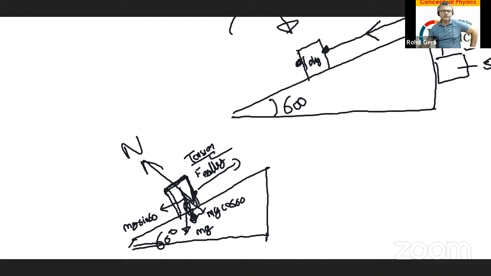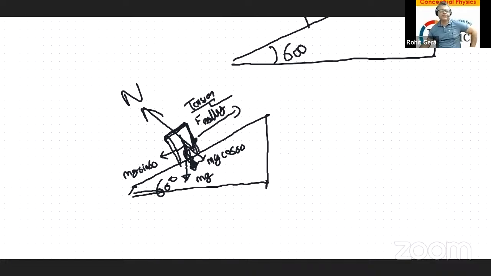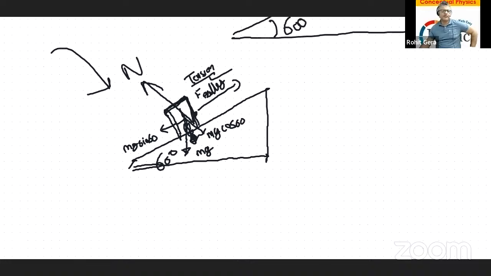All right, so now write the second equation of motion for this particular free body diagram. Your free body diagram looks good now. Which means you will write Newton's second law, that the net external force, howsoever number of forces you may apply, vectorially will be equal to m into a.